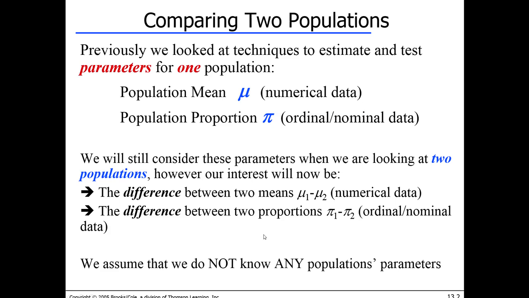And the assumption again, just like with our single population analysis, is we do not know anything about either of the two populations. We don't know the mean, we don't know the standard deviation for any of them, or in case of categorical data, we don't know the actual proportions, right?